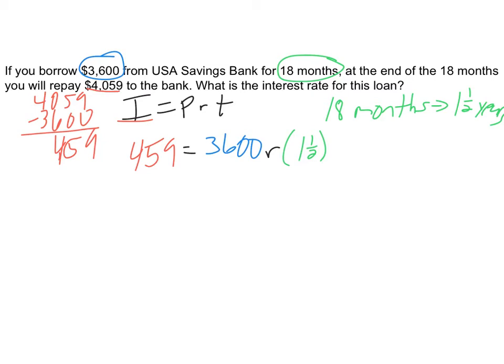So now I can clean this up a little bit. I can multiply 3,600 by 1.5, and I get 5,400. Divide both sides by that 5,400.